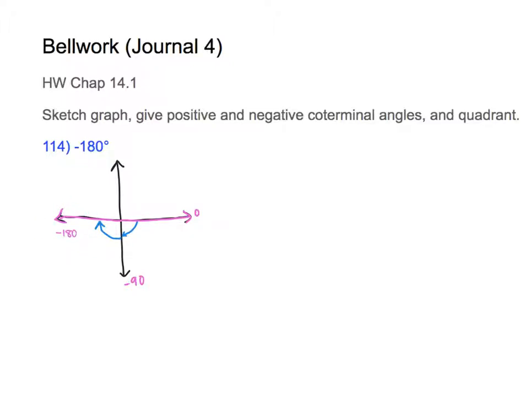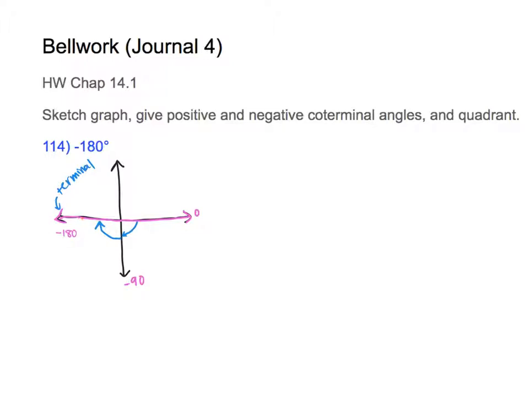Our terminal angle here is on an axis, right? It's not in a quadrant. It'd be easy if this was just like the terminal angle here, where it's in quadrant 4, or in here in quadrant 3, sorry, or in here in quadrant 2. But it's not. It's on an x-axis.